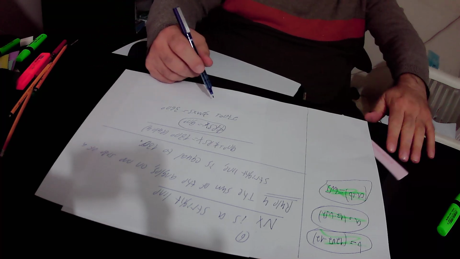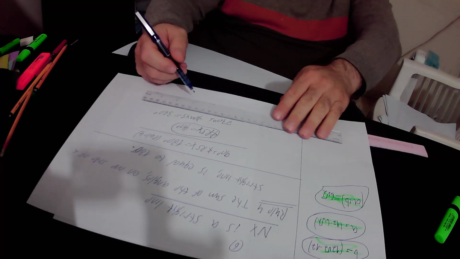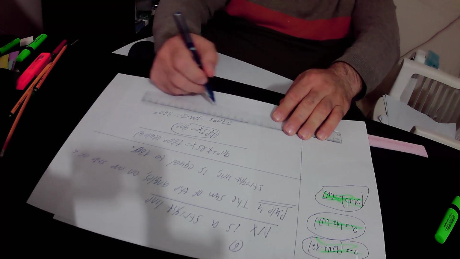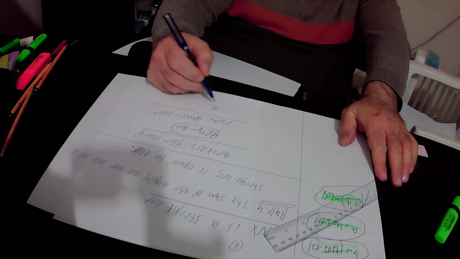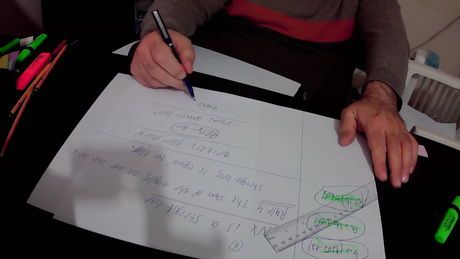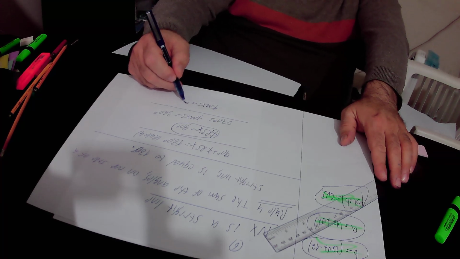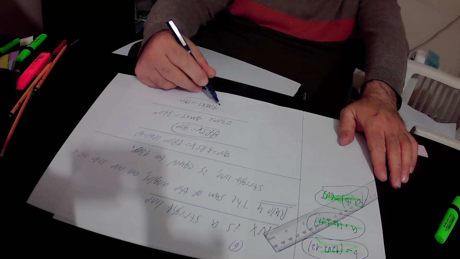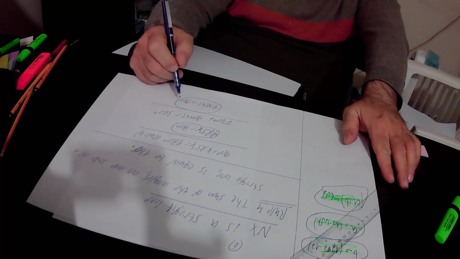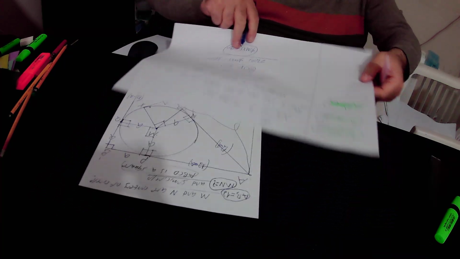Here we subtract 270 degrees from this equation, and we get that the size of angle MXS is equal to 360 degrees minus 270 degrees, which is 90 degrees. So angle MXS is a right angle.